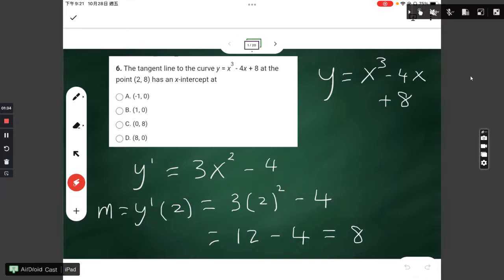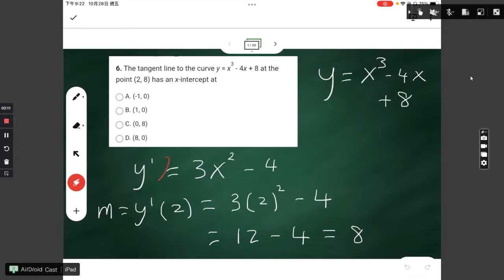The first thing we need to do is find the slope of the tangent line. The slope of the tangent line is the first derivative of y evaluated at x equals 2. So we want to calculate the first derivative of this function, y prime.